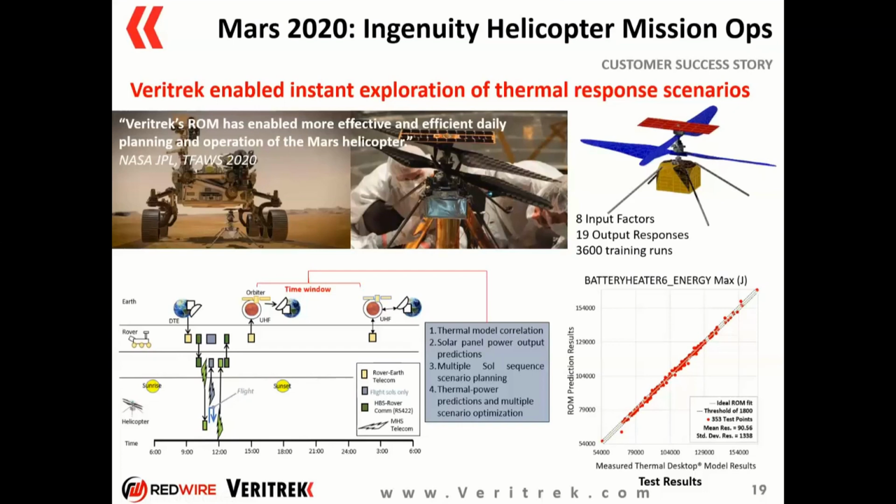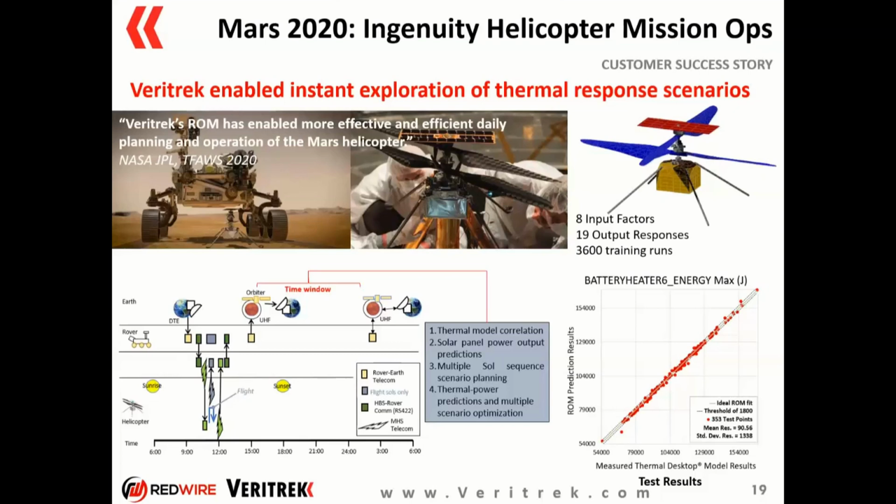Because of that, they wanted to leverage reduced order models to help them do a number of things. One is to help better correlate their thermal model based on the telemetry that they're receiving. Also, for mission planning, how do they operate the warm-up heaters to get their helicopter to a warm enough state to run? That's how this ROM was developed.